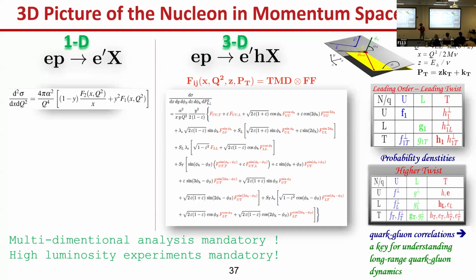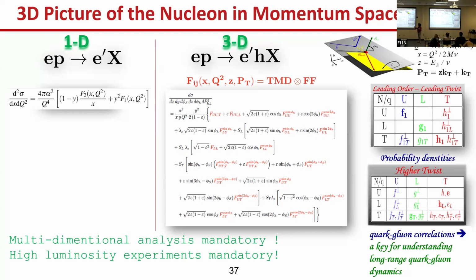But since I also have a particle in the final state, my process involves a parton distribution function, which gives me the probability that a specific quark with x and transverse momentum, at a certain Q squared, gives me a final state hadron with energy fraction z and a transverse momentum pT.